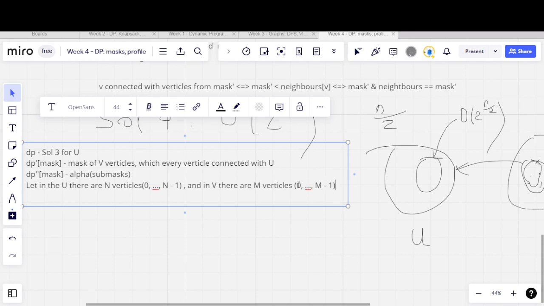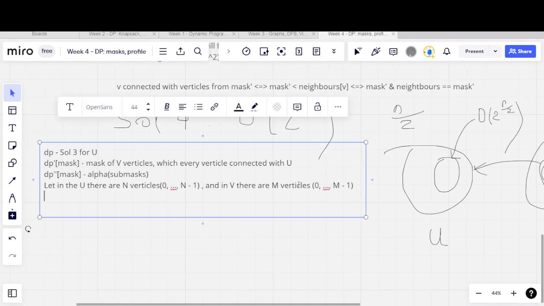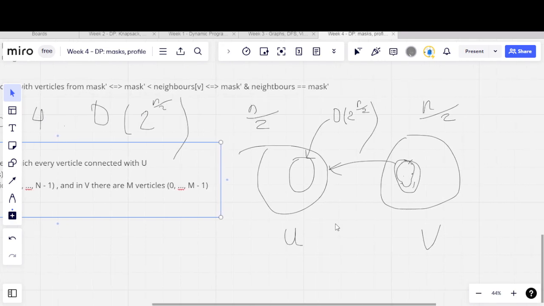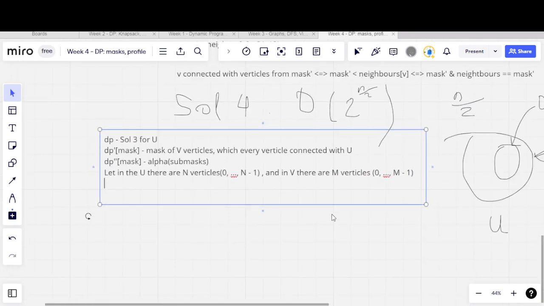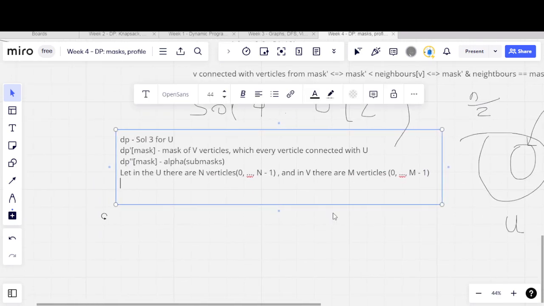Okay, and in this array we have the indexes of this graph in the other part, and we want to populate the panel.